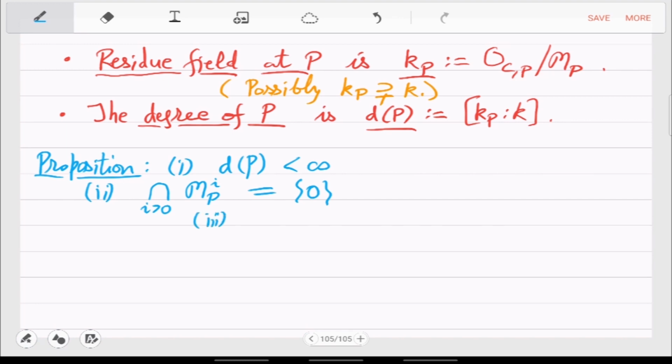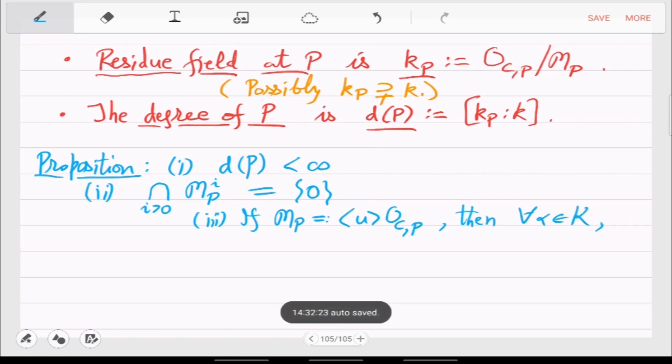The third property is, so M_P gives a uniformizer u, then the relationship between the uniformizer and the valuation that the point defines is, as you can guess, the highest power of u that divides alpha.